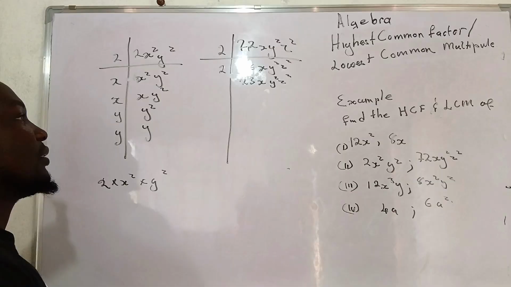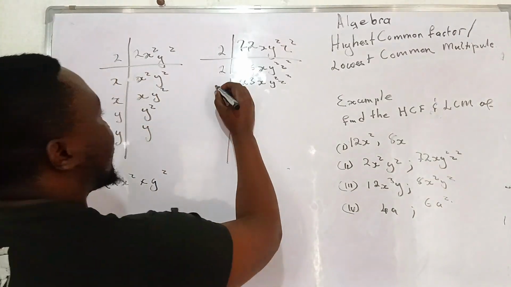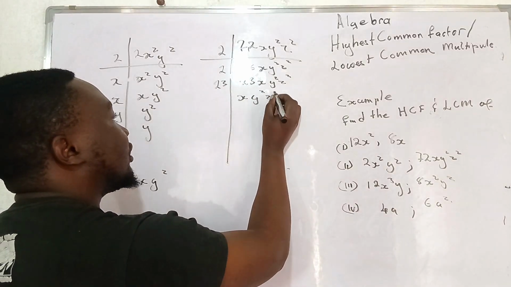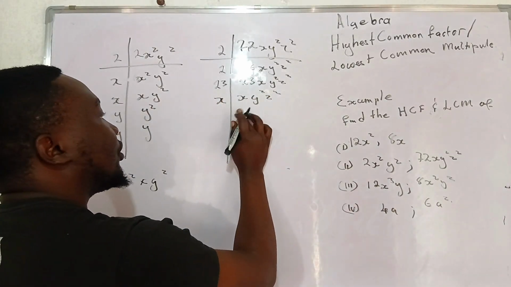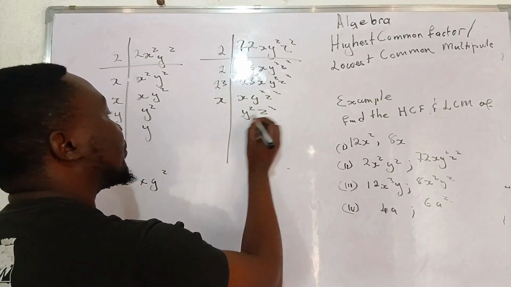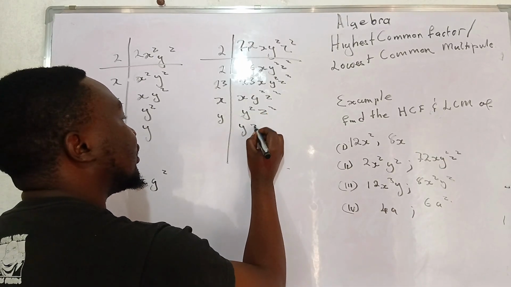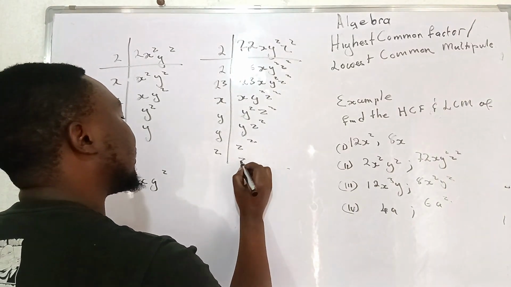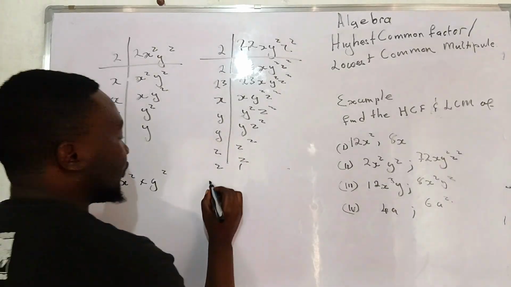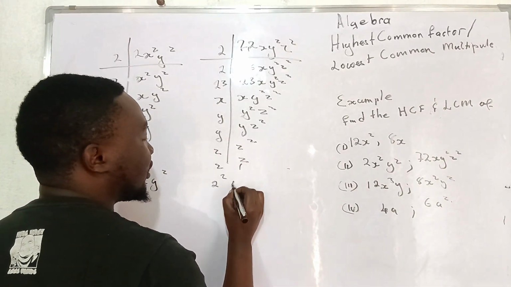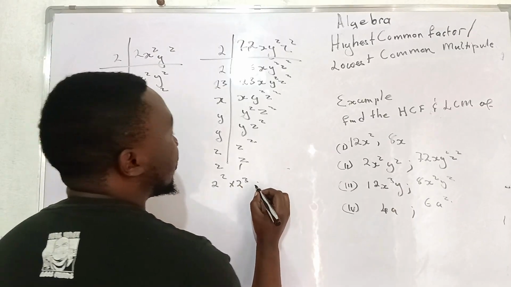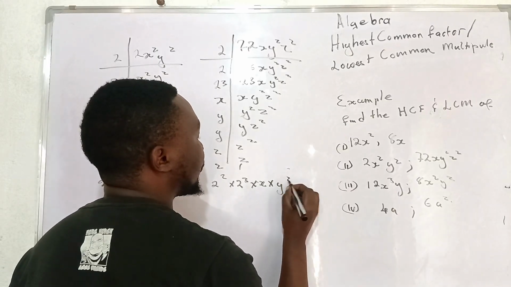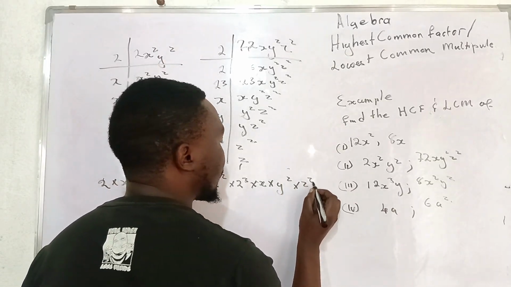Even if we try 7, it doesn't enter. 23 on its own, it's a prime number. So we have x, y², z². As a product of its prime factors, it's 2 squared times 23 times x, multiplied by y squared, multiplied by z squared.